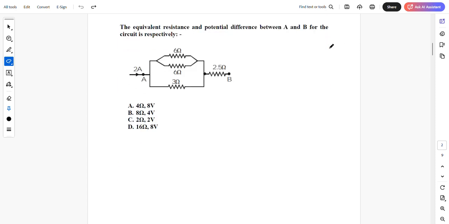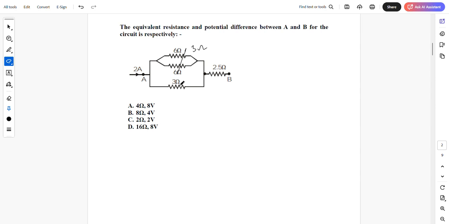Okay, first problem. It is asking for the equivalent resistance and potential difference between A and B for the circuit, respectively. You know that 6 ohm in parallel with 6 ohm gives how much? 3 ohm. Very good. Whenever two resistances of the same value are in parallel, the value becomes half.